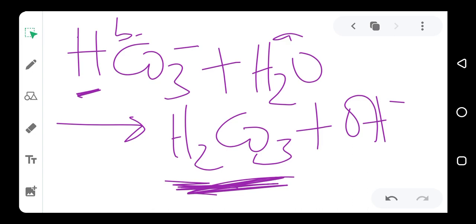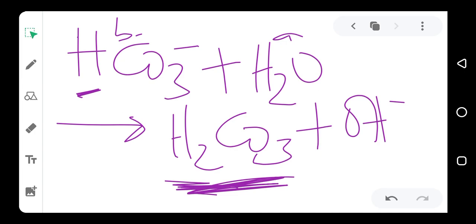A conjugate acid is formed from a base. So when the conjugate acid reduces its number or donates its hydrogen atom, it becomes a base. And when a conjugate base accepts a proton or a hydrogen atom, it becomes an acid.